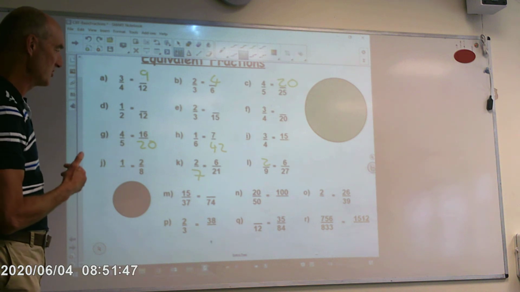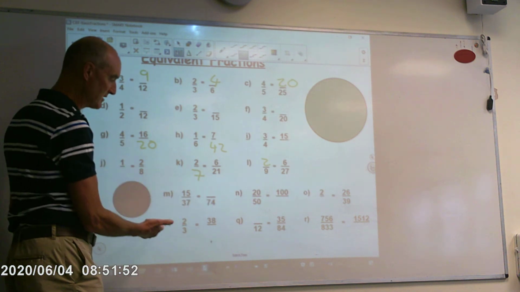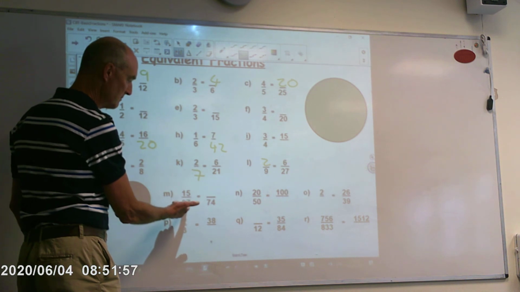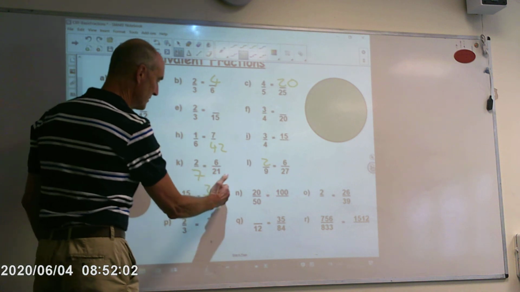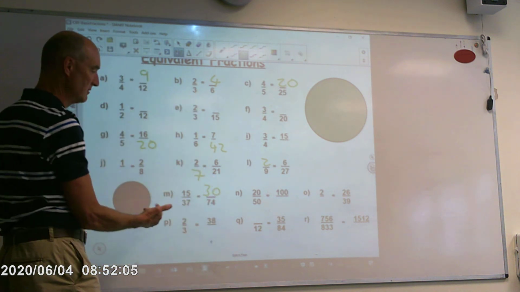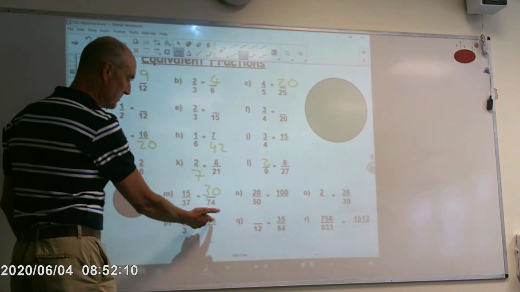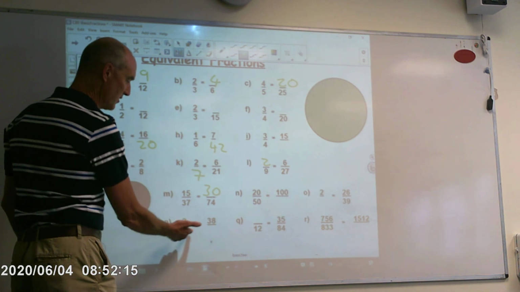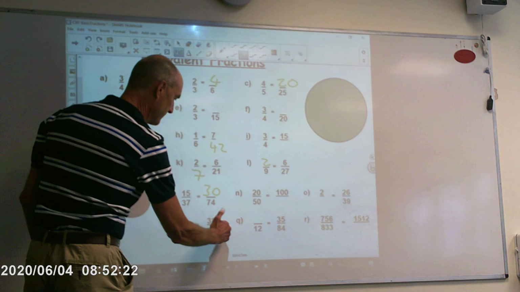Let's have a look at some of the slightly more difficult examples. It's just bigger numbers really down here. 37 multiplied by 2 gives me 74. 15 multiplied by 2 gives me 30. Still the same process, just slightly more difficult numbers. 2 multiplied by 19 gives me 38. 3 multiplied by 19 gives me what? 57.